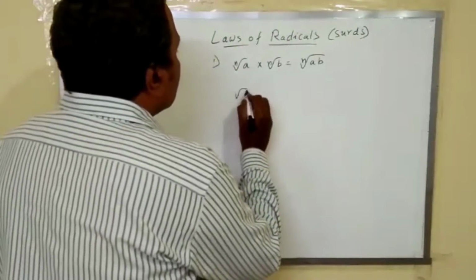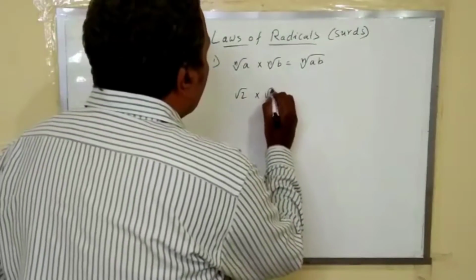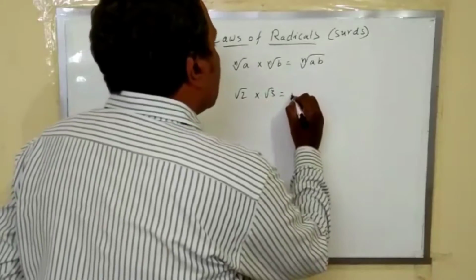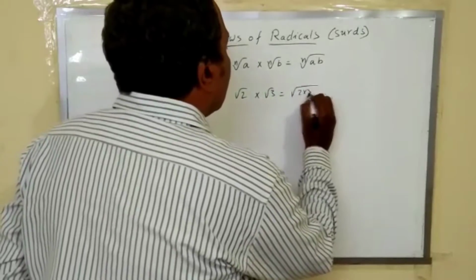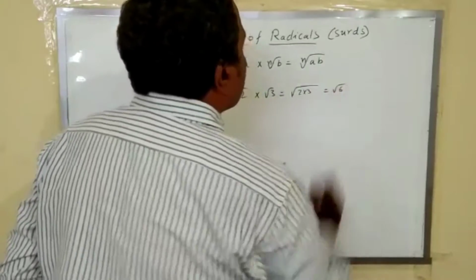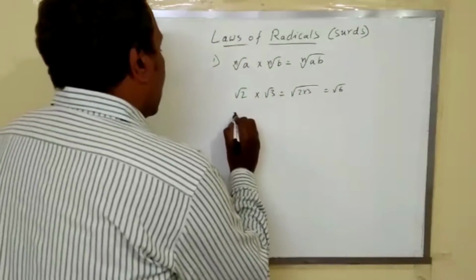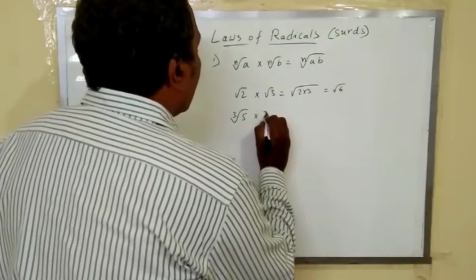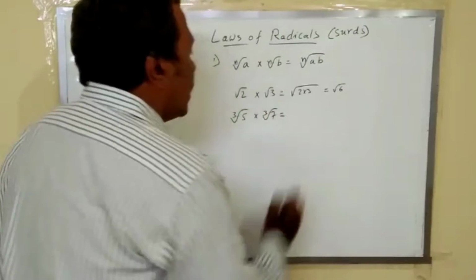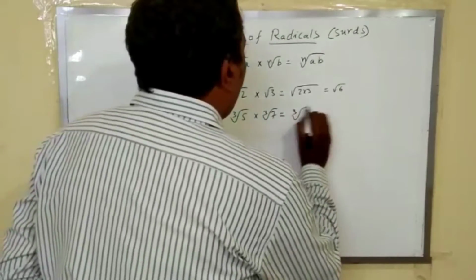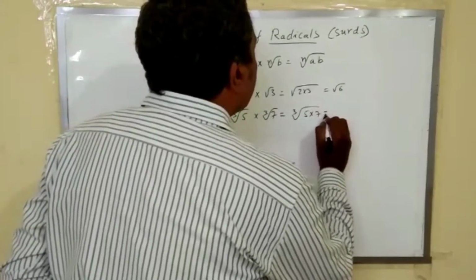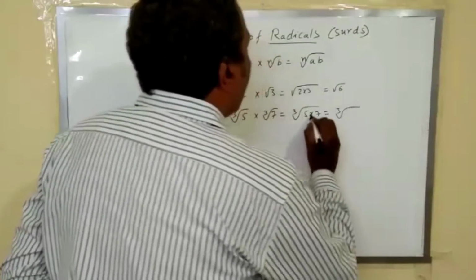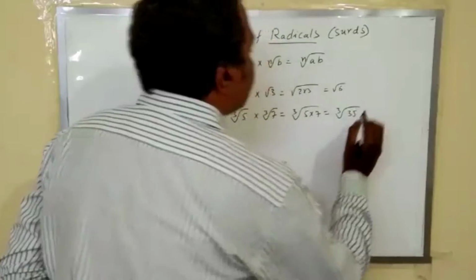Example, square root of 2 into square root of 3 is equal to square root of 2 into 3, that is equal to square root of 6. At the same time, cube root of 5 into cube root of 7 is equal to cube root of 5 into 7, that is equal to cube root of 35.